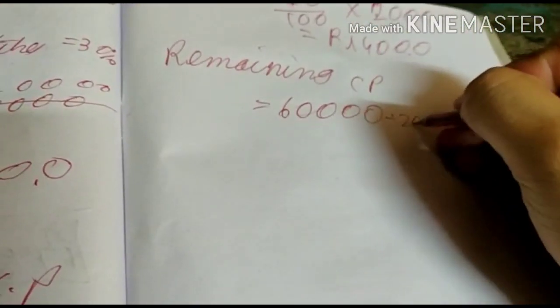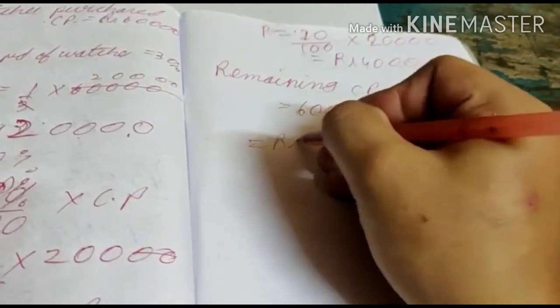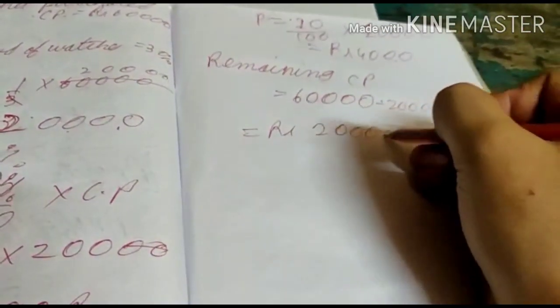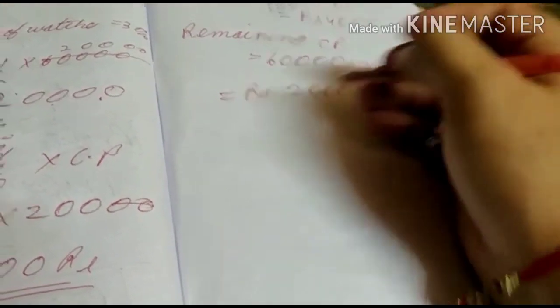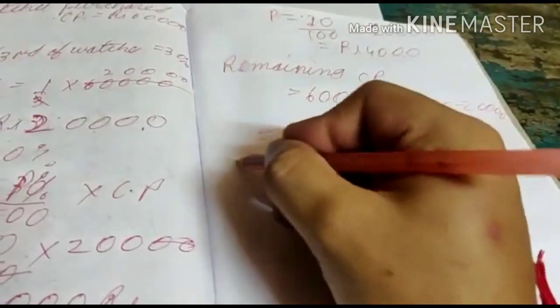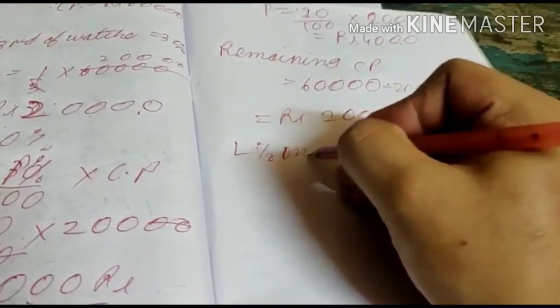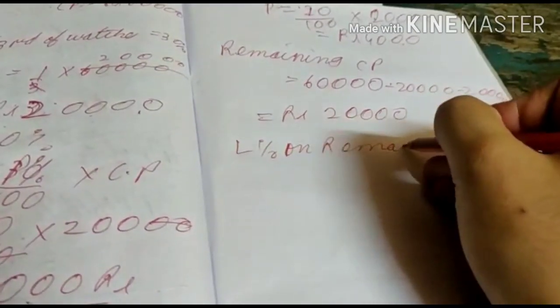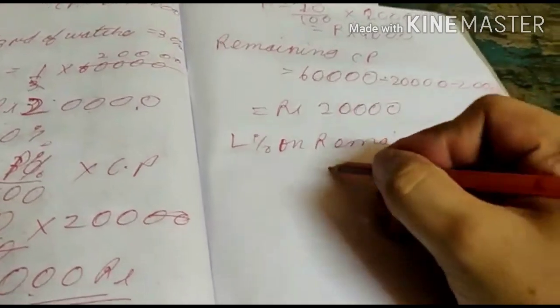So minus 20,000 and minus 20,000. So remaining CP is rupees 20,000 only. So now what do we have to find? We are given the loss percent on the remaining CP, which is 5%. So we should calculate loss also.